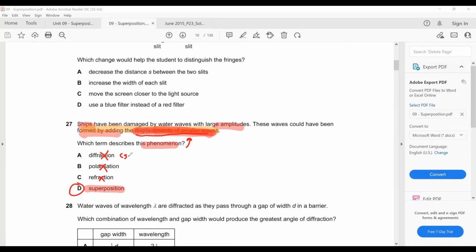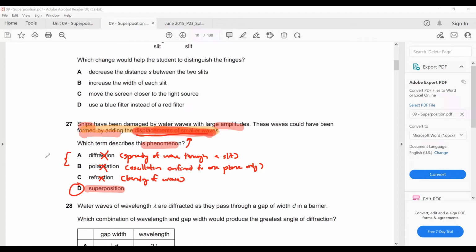Diffraction refers to spreading of a wave through a slit. Polarization is oscillation confined to one plane only. Refraction is bending of a wave.